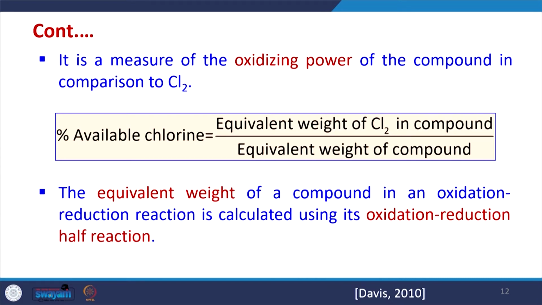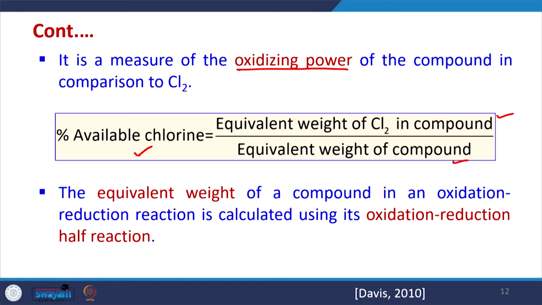Going further, it is used as a measure of the oxidizing power of the compound in comparison to Cl2. So, for percentage available chlorine, we find the equivalent weight of Cl2 and the equivalent weight of the compound itself, and by this we can find the percentage available chlorine, which is a measurement of oxidizing power.